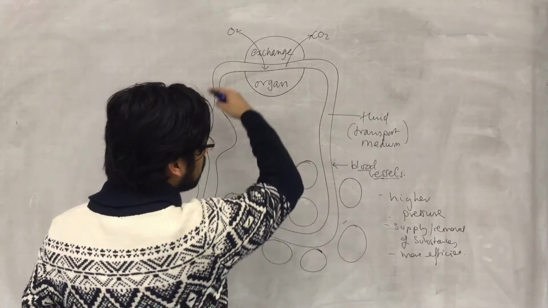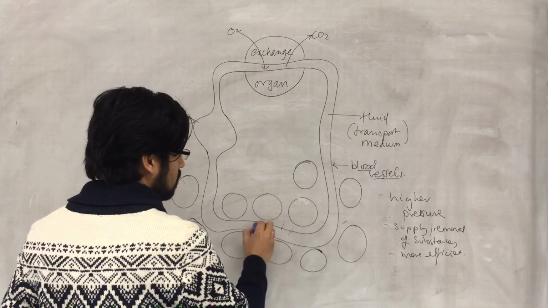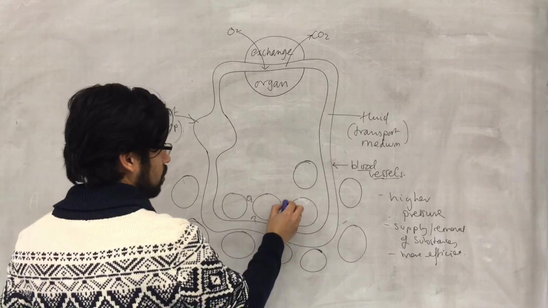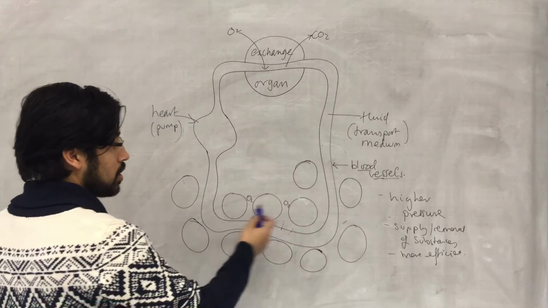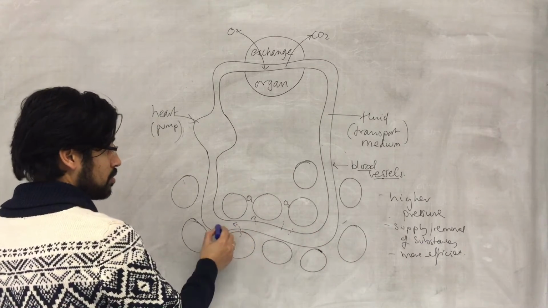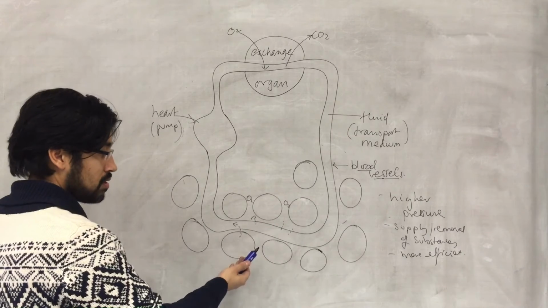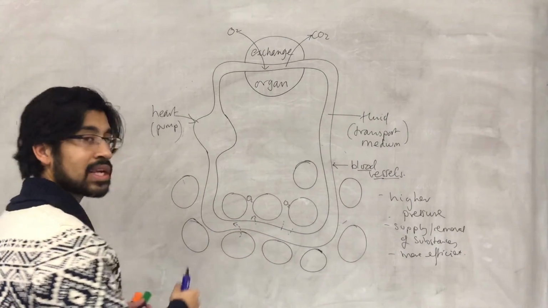Because we have more effective supply of oxygen, the oxygen around the cells is going to be at a higher concentration. And because we've got that faster flow, the removal of the carbon dioxide is going to be also more effective. And so the concentration gradient for carbon dioxide to diffuse out of the cell is higher.